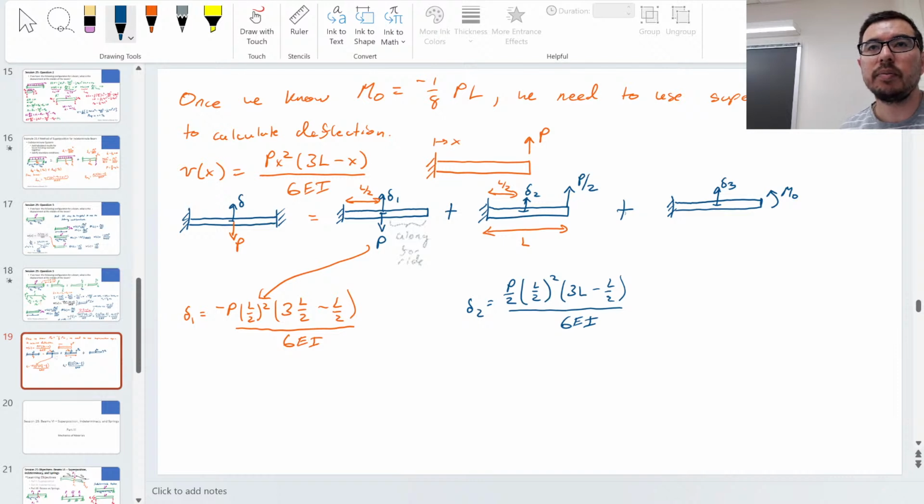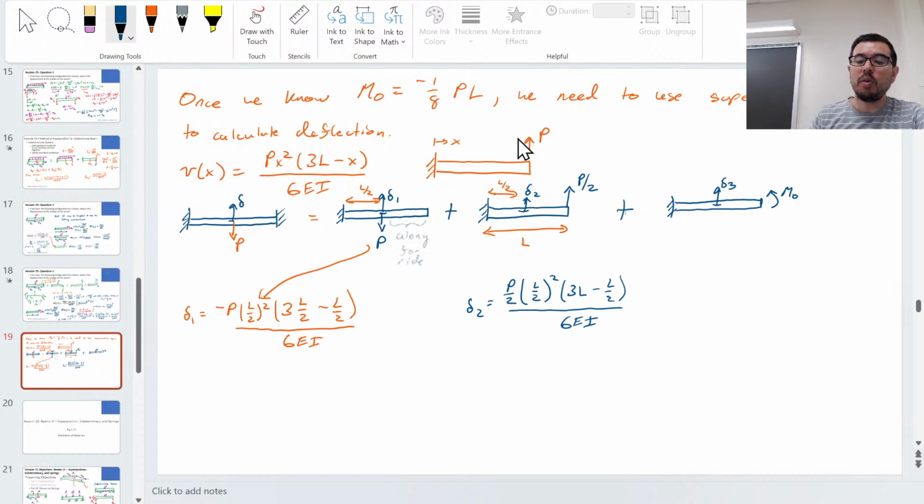I understand that. I'm still just kind of confused as to why we can use the same equation for just X, wherever along the beam you want the displacement, you just plug that in. That's a very good question.